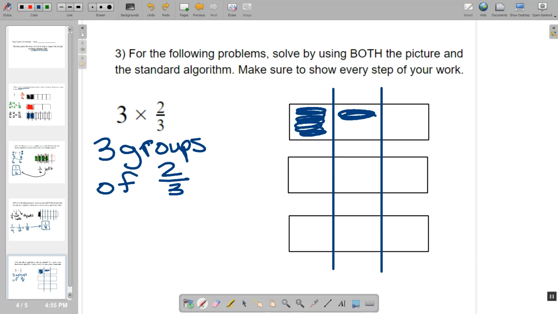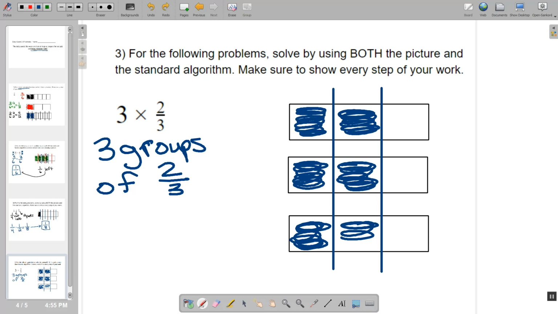So there's 1, 2, 3, 4, 5, 6 thirds. Okay, and now I have to regroup and make some whole numbers. So I'm going to take this part here, and I'm going to move it up and to the right over here.